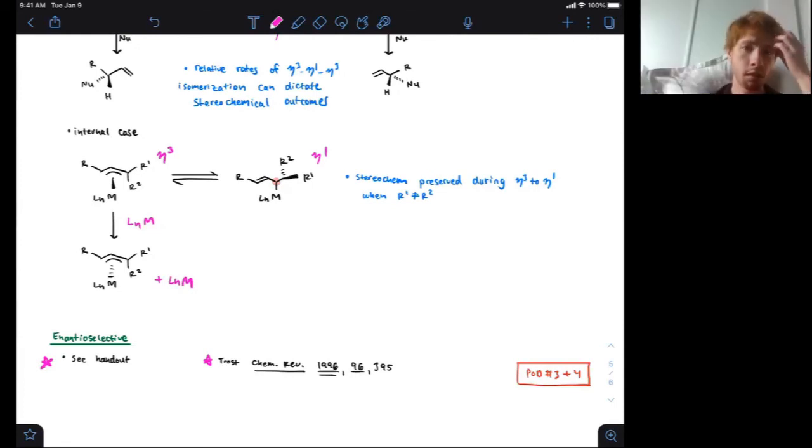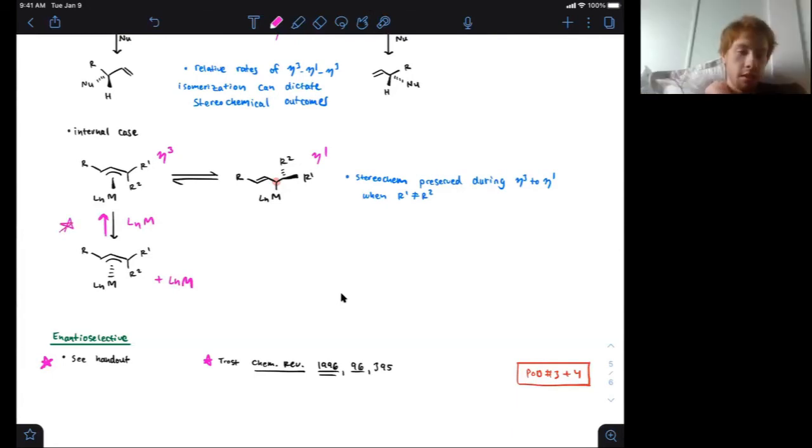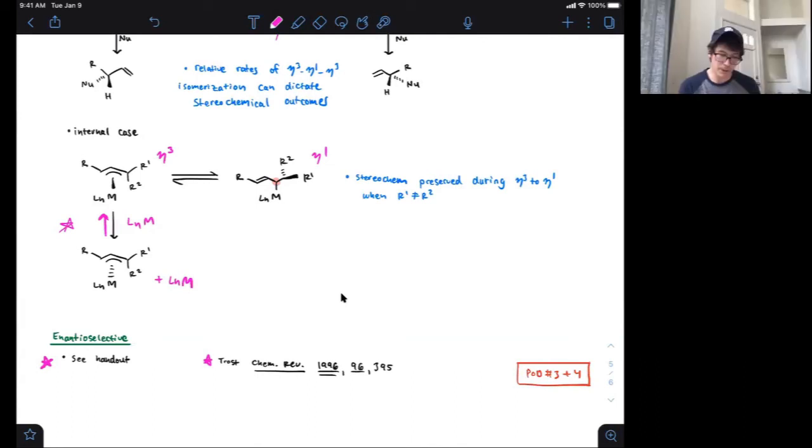Hey, Kiri. Yes. For the internal case, for the stereo inversion of the metal-allyl complex, you show that as being in one direction. Is that not reversible, or can it be driven forward to one side based on the R groups or the ligand identity? You're talking about this case here? Yes. Sorry, what's your question?